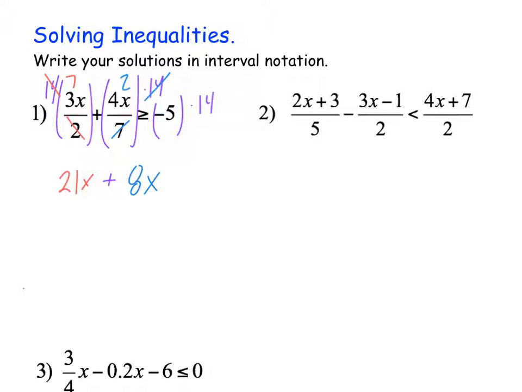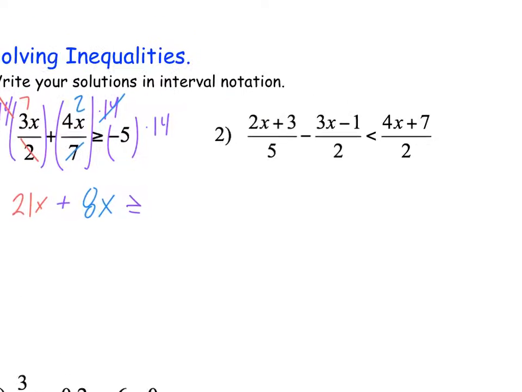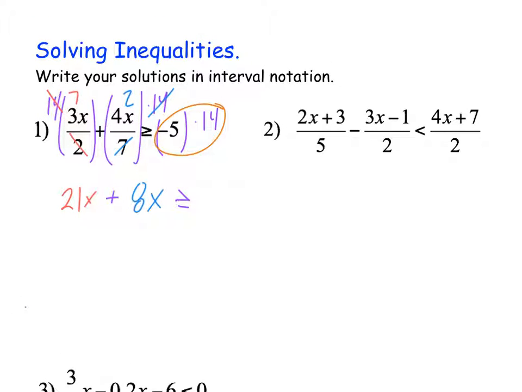And then it's greater than or equal to, and then on the last one here, the 14 doesn't have anything to cancel with, so it's just 14 times 5, which is 70, so it's going to be negative 70. Sorry, negative 70. And then from there, it should be pretty easy to solve this.